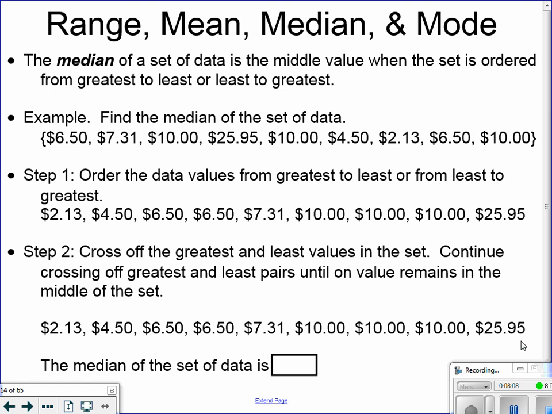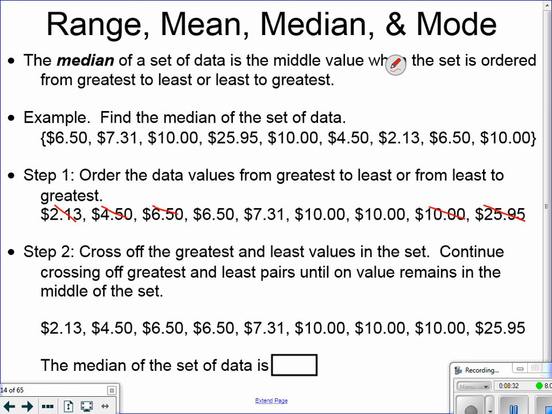So the first thing you need to do is put them in order. If you see step 1 here, we put them all in order. Step 2 is you want to cross off the greatest and the least values in the set, and you want to continue doing this until you end up with the number in the middle. Now this is one way of doing it to find the middle number.